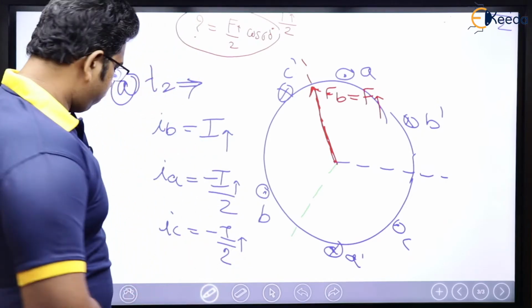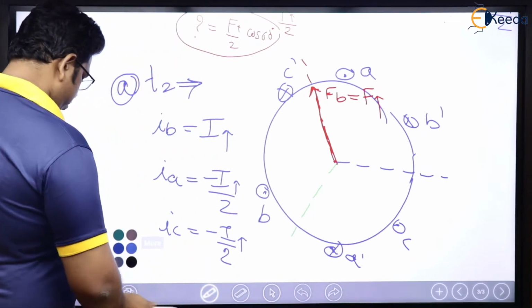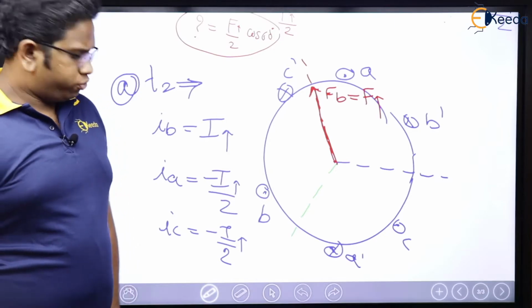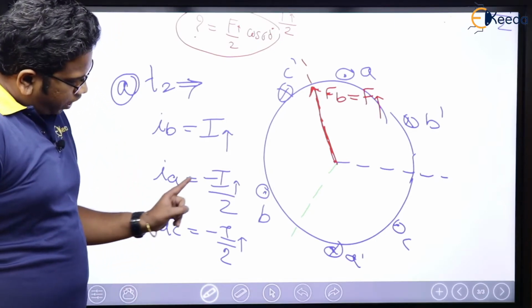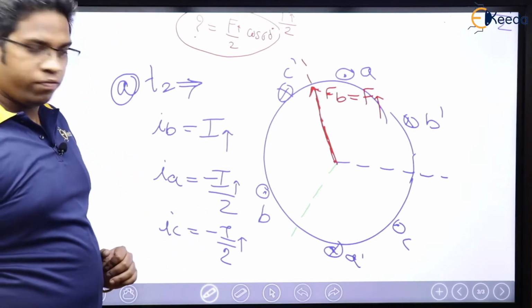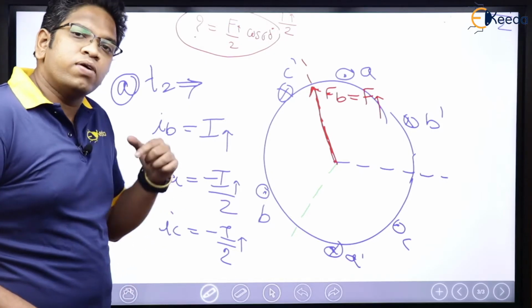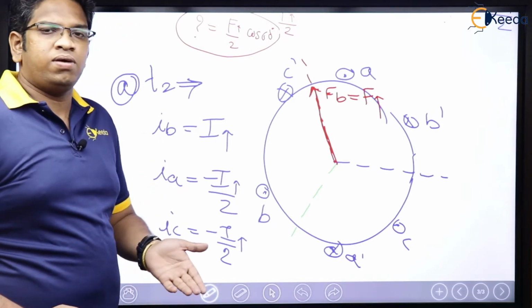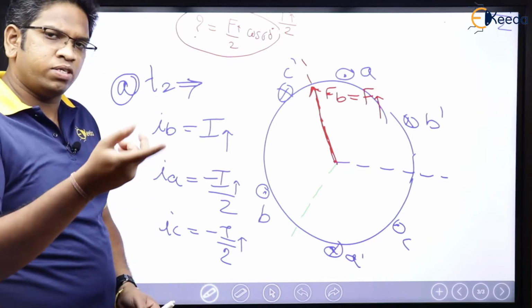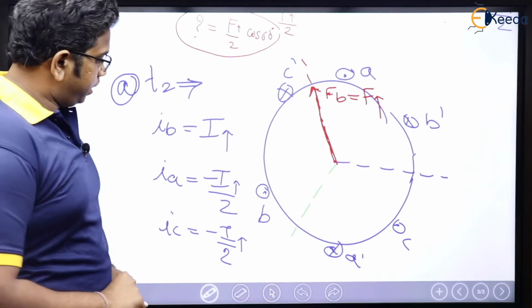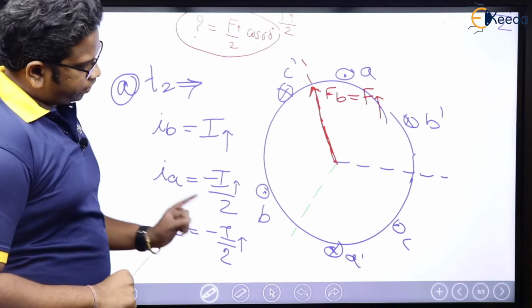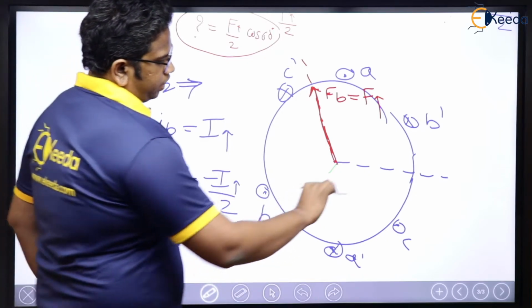Now, let us think of FA. FA will be how, sir? See, IA is half of negative maximum, which means FA will also be half of negative maximum. Why? Because MMF is proportional to current, we have already seen. Where is IA? IA is this.